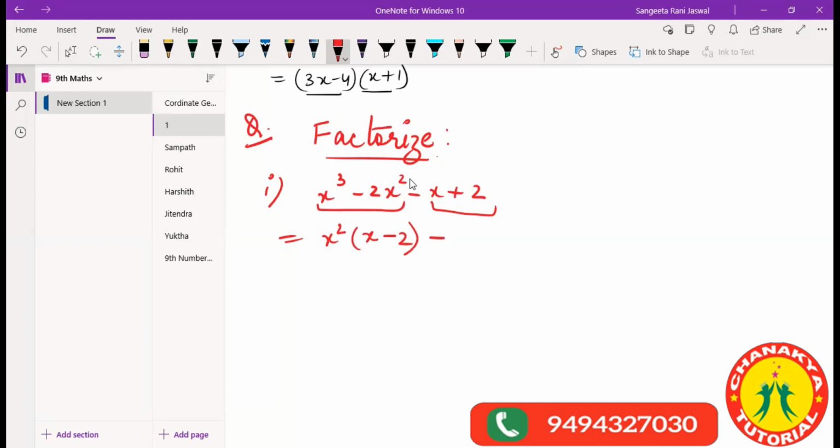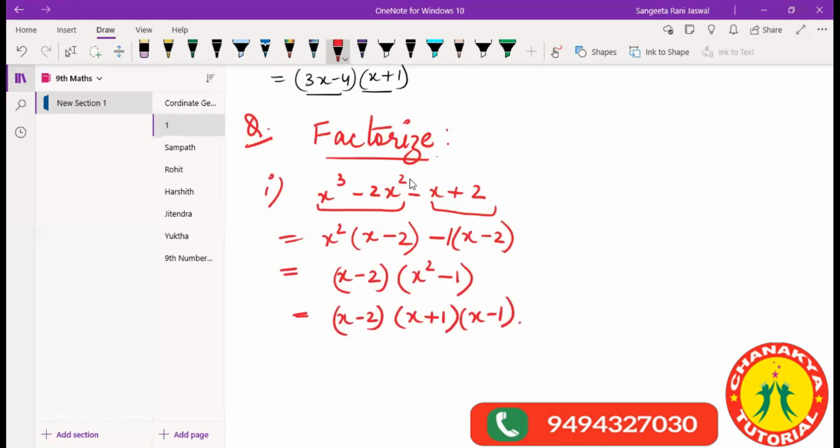So if I take the minus sign out, I can have x minus 2 inside here, right? Okay. So now I have x minus 2 in this term also. I have x minus 2 in this term also. So I take x minus 2 common out and inside I have x square minus 1 left. So x square minus 1. 1 can be written as 1 square also. So this term x square minus 1 square can be further split into x plus 1 and x minus 1.